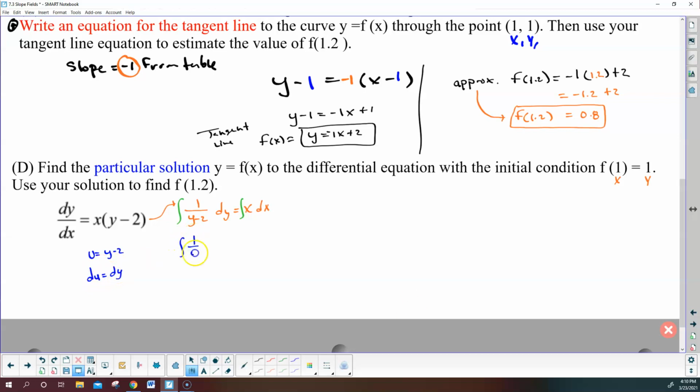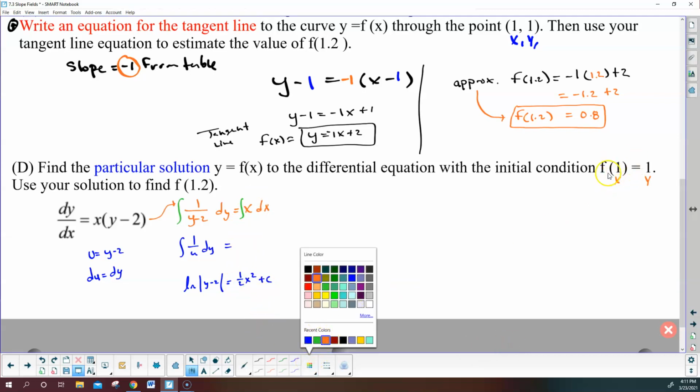So then I get 1 over u du. And when I take the antiderivative of 1 over u, that's the natural log of u, but instead of u, I'm going to replace it with y minus 2. Over on the right side, we end up with a pretty friendly one. This is where we just add 1 up top, and I get x squared over 2 plus c.